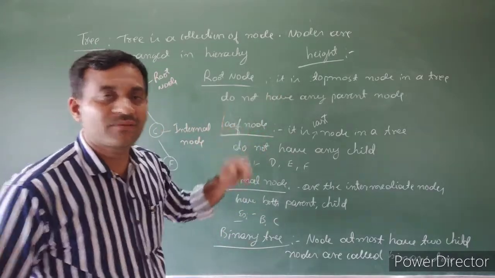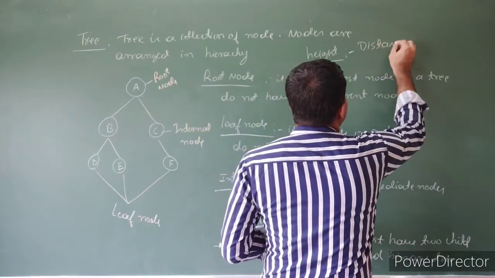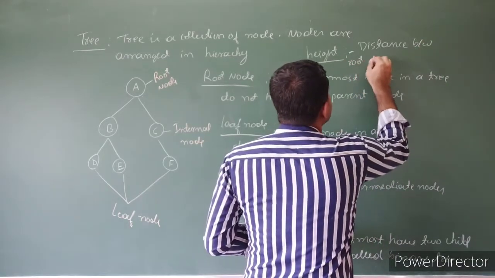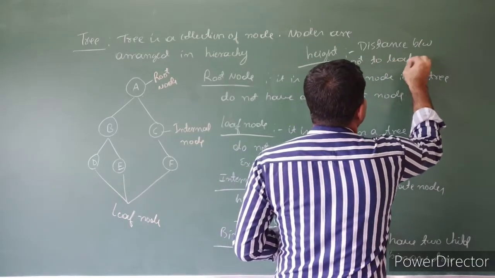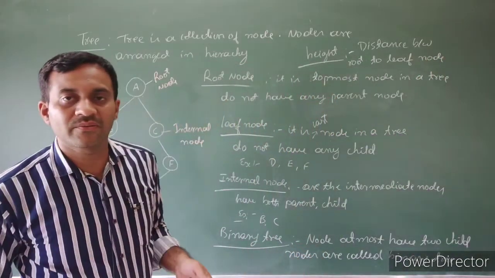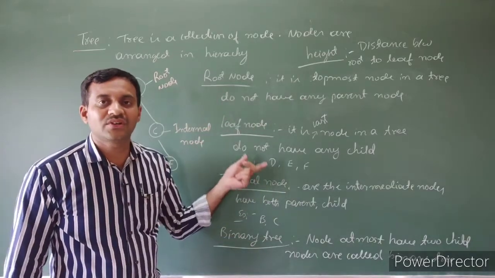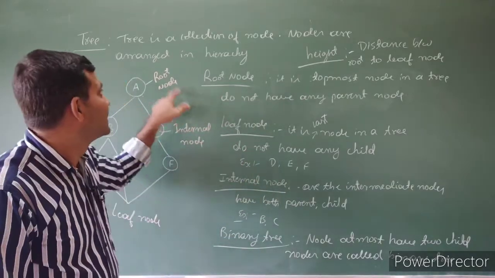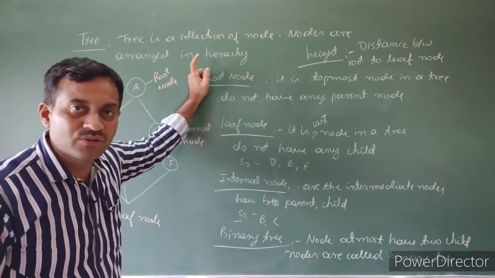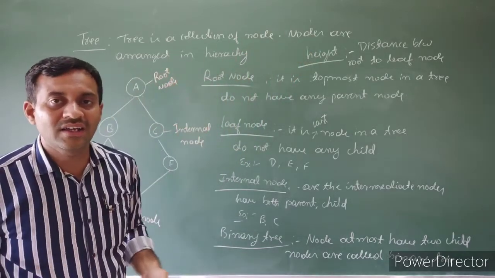That is called the height or depth of a tree. So these are the words related to tree. What is a tree here? It is a collection of nodes. It is one of the data structures, and each node is arranged in a hierarchy.